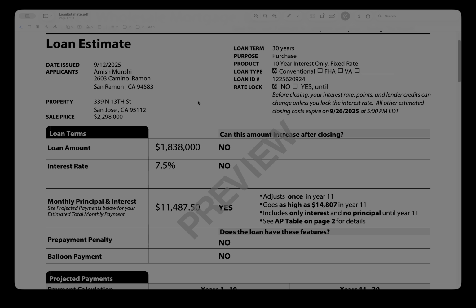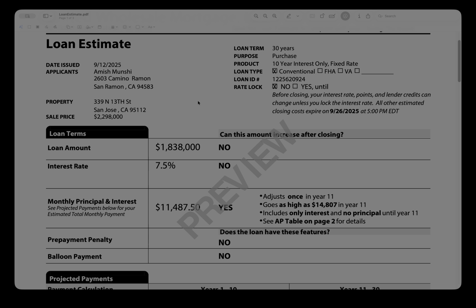A loan estimate is a document that has to be provided to you within 3 days after you complete a complete loan application. The way to compare a loan estimate between two lenders is it has to be created at the same time from the same date, right? So a loan estimate from Monday could be different with that same lender with a loan estimate from Wednesday.